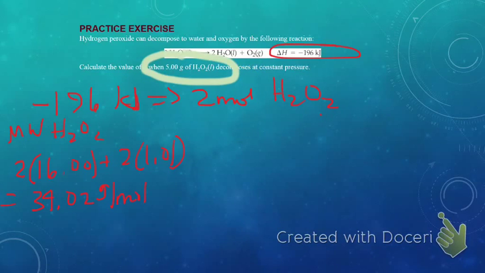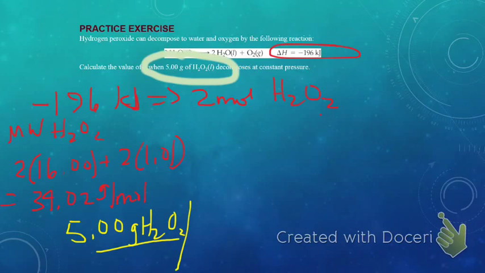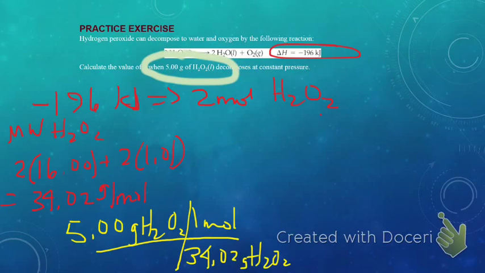Okay, so we start off with 5.00 grams of H2O2. We know that 34.02 grams of H2O2 is equal to 1 mole of H2O2.